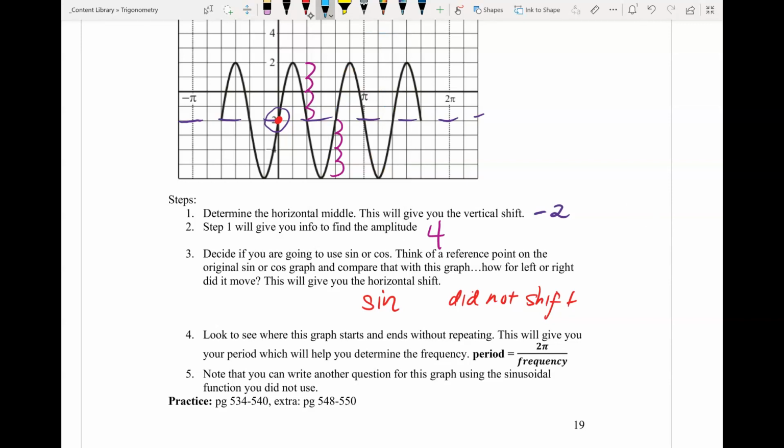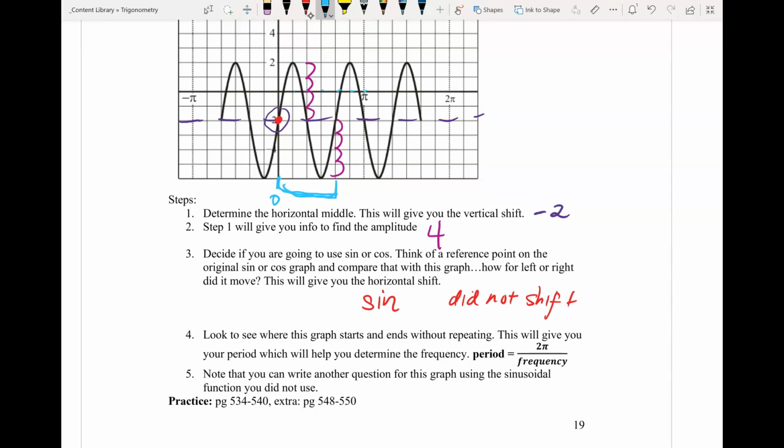Look to see where this graph starts and ends without repeating. This will give you your period, which will help you determine the frequency. So we can just start at that red dot that I have as our starting point, and it seems like it starts and then stops here without repetition. So that's from 0. Now to figure out what this value is, looks like we have 1, 2, 3, 4, 5, 6.